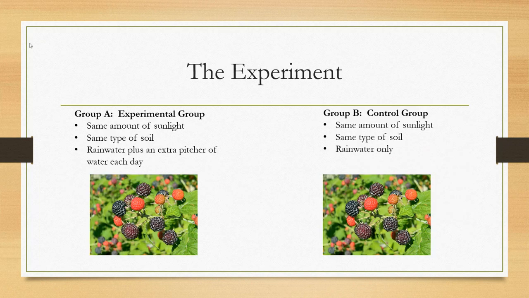So this is what our experiment would look like. We would have group A, an experimental group, and group B, the control group. If you look at both of those groups, the only thing that's different is the treatment, right? The experimental group is getting an extra pitcher of water every day.